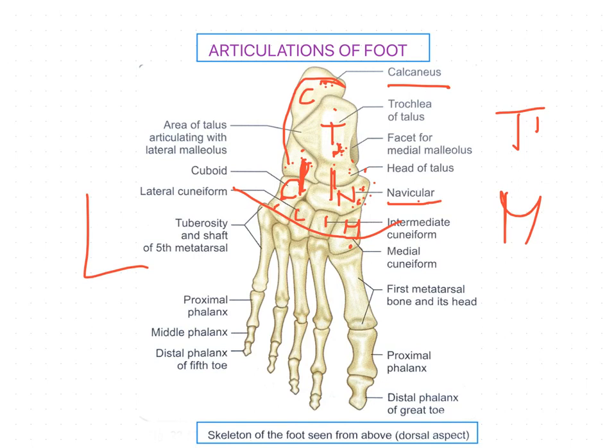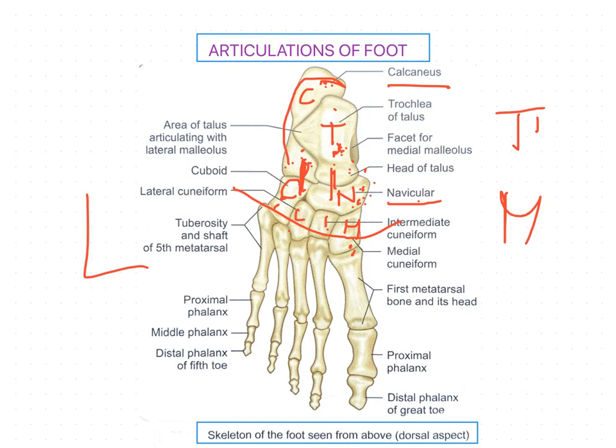Distal to the navicular there are three small bones called cuneiforms, individually the medial cuneiform, intermediate and lateral cuneiforms. All these form joints together, which are called intertarsal joints.